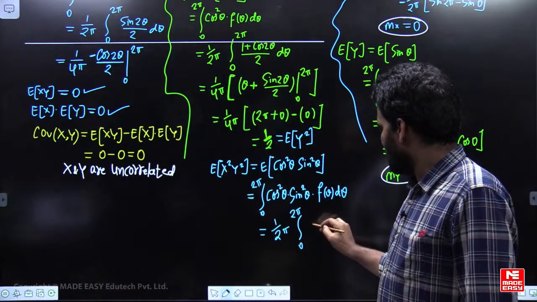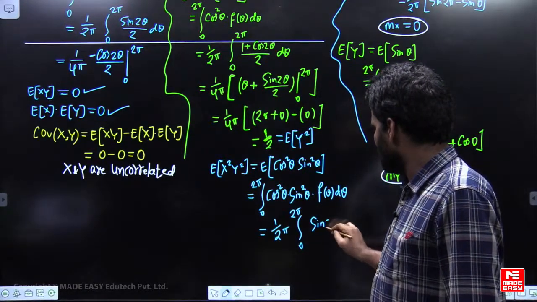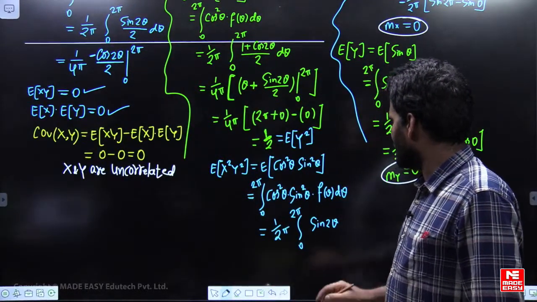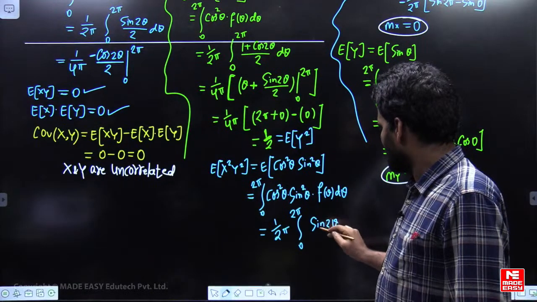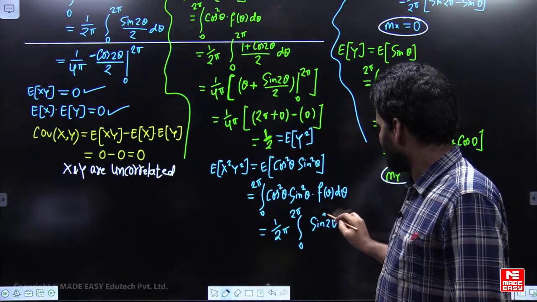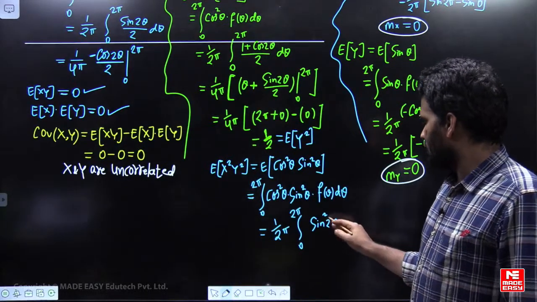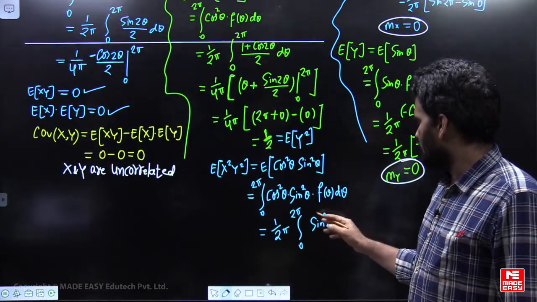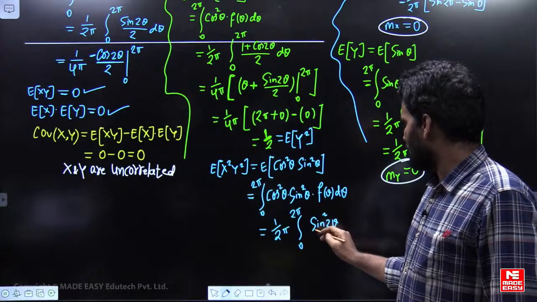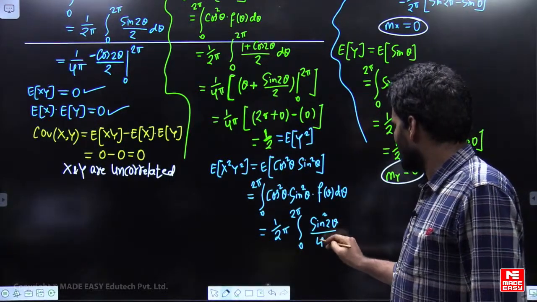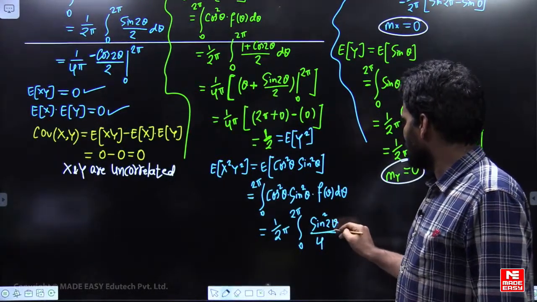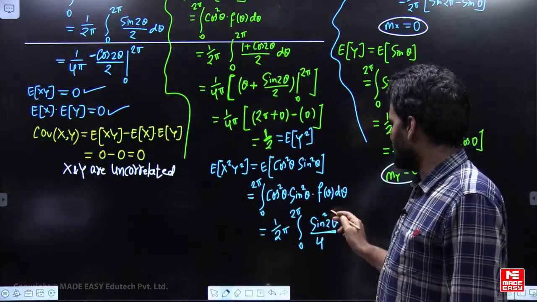So you can write sine square 2 theta. Sine 2 theta is 2 sine theta cos theta, and sine square means 4, so upon 4 you have to write. Sine square 2 theta means 4 cos square theta sin square theta.